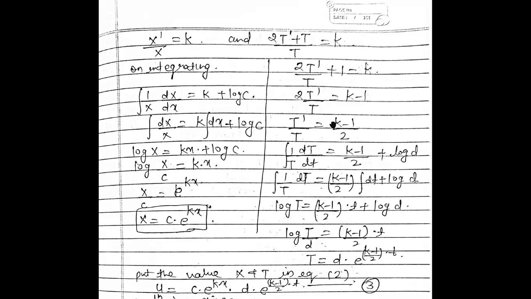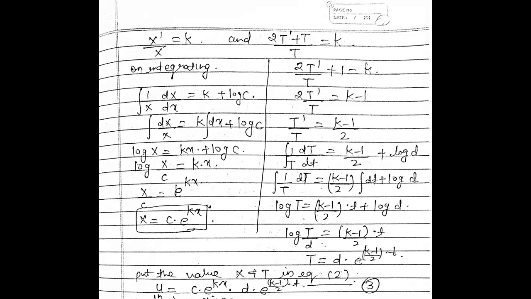Now on integrating both sides, dT upon T is equal to (k minus 1) upon 2 integration of dt plus log d. Log d is your integrating constant. So log T is equal to (k minus 1) upon 2 into t plus log d. So log T minus log d, and T is equal to d into e to the power (k minus 1) upon 2 into t, right?